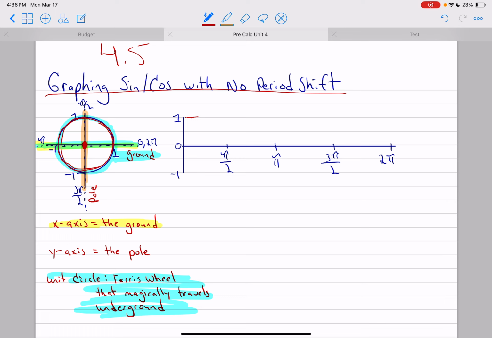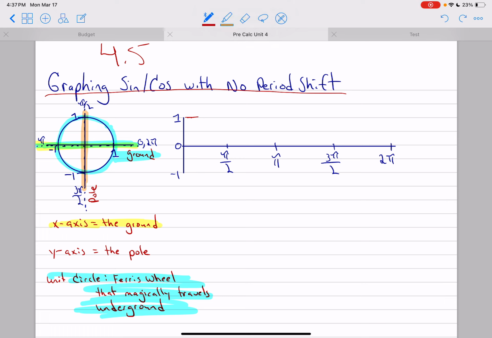Again, you're not drawing all of this, but you are just visualizing a Ferris wheel that goes above ground and underground, okay? Now we are going to move around the Ferris wheel.